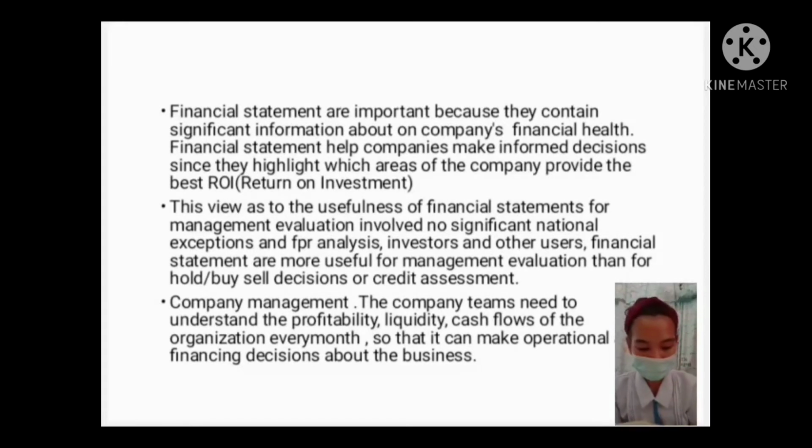This view as to the usefulness of financial statements for management evaluations involves no significant national exceptions, and for analysts, investors, and other users, financial statements are more useful for management evaluation than for hold and buy-sell decisions or credit assessment.